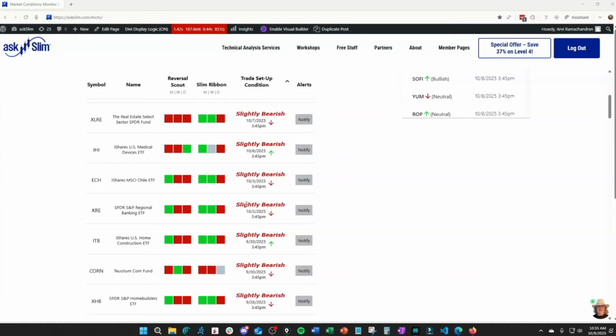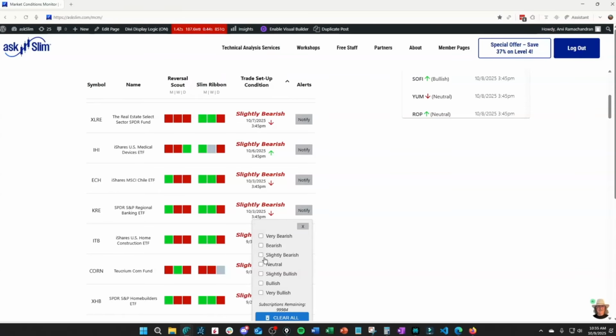Now, obviously, it is super hard to keep track of what's going on across different markets, but that's where the askSlim MCM can help you, right? You can actually be notified of changes in bias. And what I have always said and what I find most helpful is to track for shifts, meaning when it goes from neutral to slightly bearish or from neutral to slightly bullish.